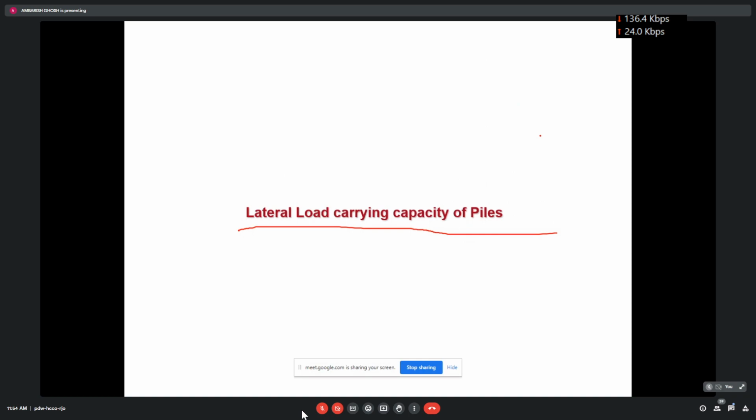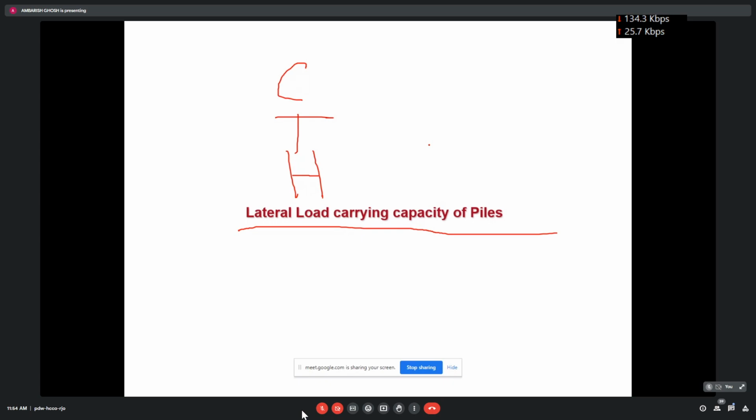In structures like transmission towers, high-rise buildings, and even sometimes small 3-4 story buildings, lateral load sometimes creates a problem. So as you have gone for compression as well as tension, you have to know the lateral load carrying capacity of a pile.